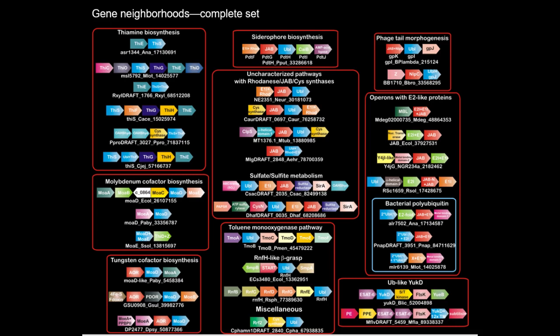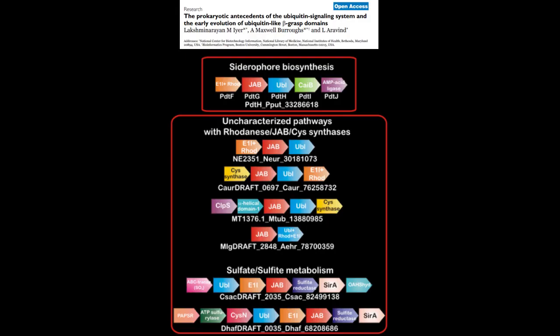In their very simplest form, they just had the first enzyme, the ubiquitin conjugating E1, and were accompanied by a JAB domain in some cases. And these seem to be involved primarily in systems which were more of a metabolic type, in secondary metabolism or in the biosynthesis of cysteine.